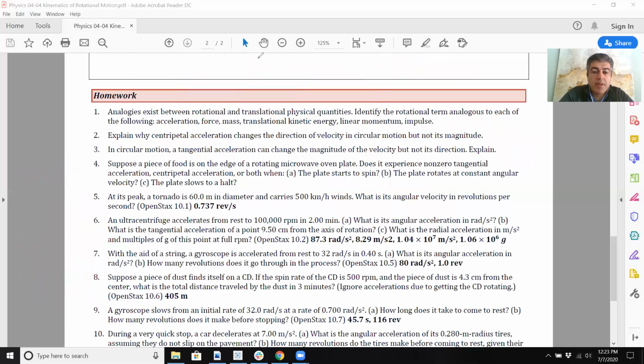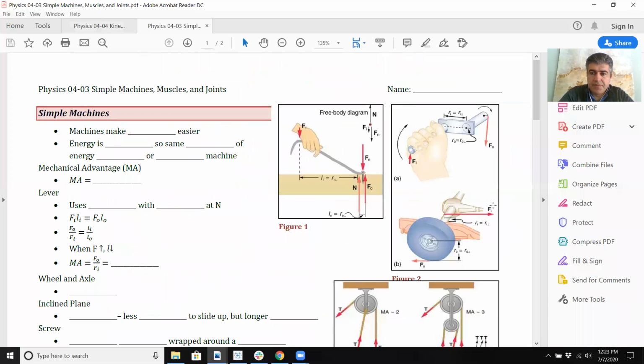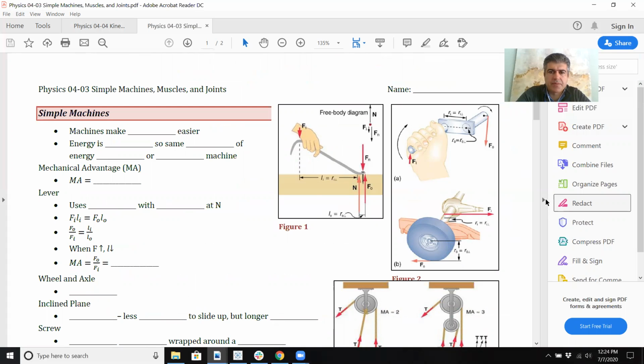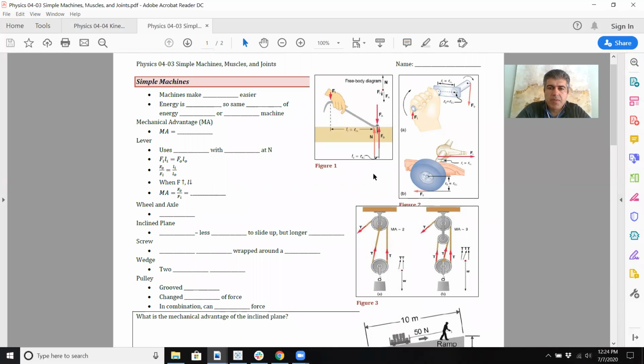Let's keep moving. So let's look at 4.3. These are some conceptual things we'll discuss here. Okay, so here we're talking about simple machines. Here we kind of have like looks like a crowbar.